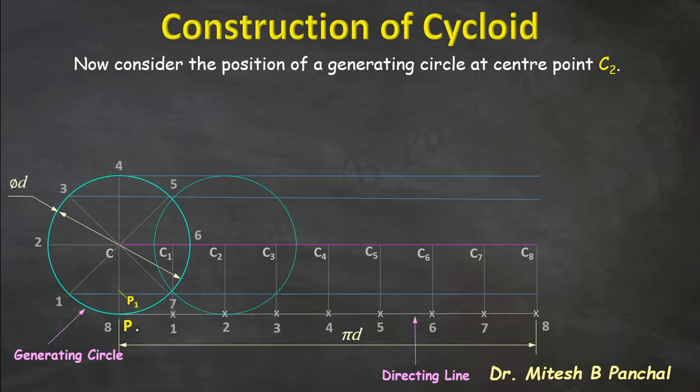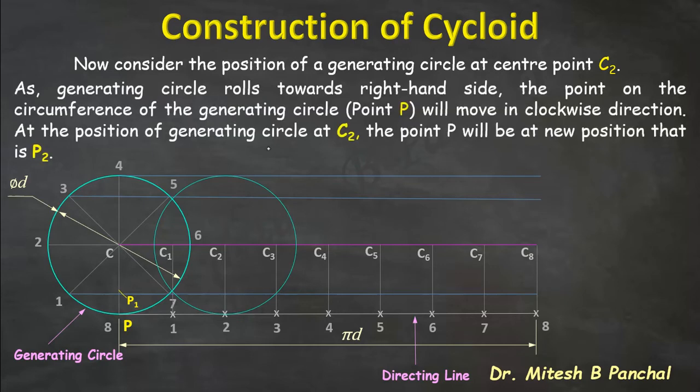Now point P will move further and reach the line passing through point 2. As the generating circle rolls towards the right, the point on the circumference of the generating circle, that point P, will move continuously in clockwise direction and reach the new position, that is point P2.